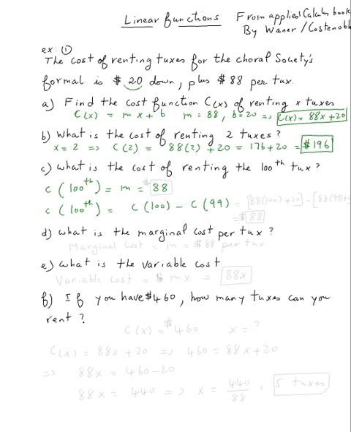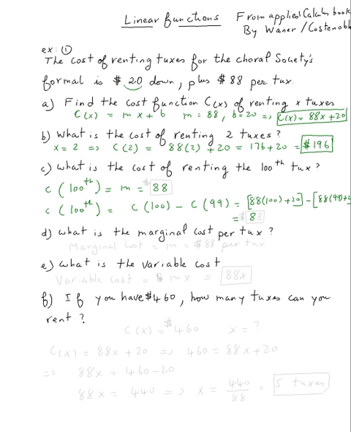But of course, C of 100 means plug 100 into the equation, so you're going to get 88 times 100 plus 20, and then minus the cost of 99, which is 88 times 99 plus 20. But if you do all that, you're still going to get the same answer.